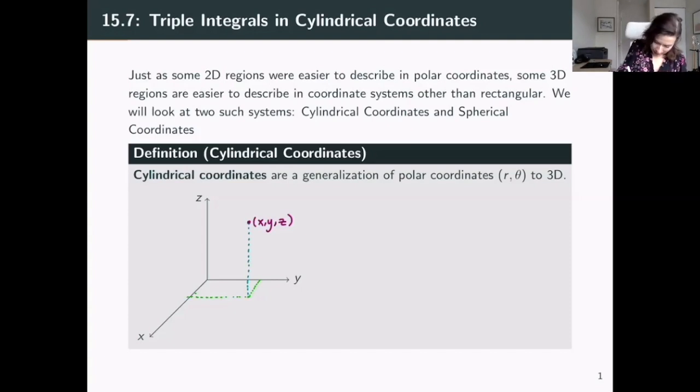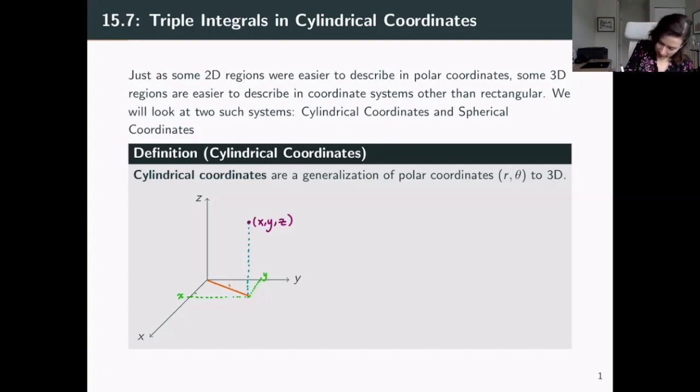So we have our x, we have our y, but instead of viewing this point as x, y in the xy plane, we could view it in terms of polar coordinates. So instead of x comma y, we could represent it in terms of r and theta.